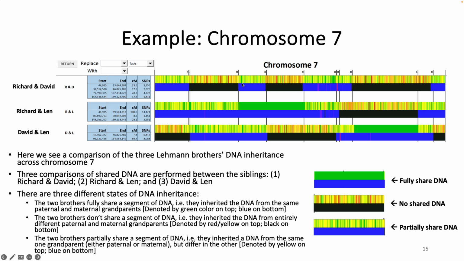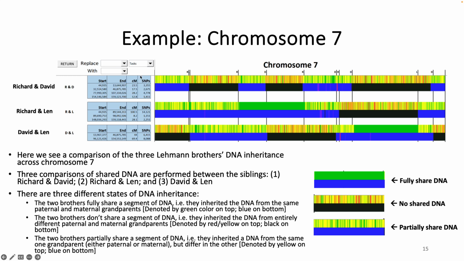On this top area here, we see between Richard and David, denoted by R and D. On the second row, we see Richard compared to Len, R and L. And over here, the third one, we see a comparison between the brothers David and Len, denoted by D and L. And over here, we see the exact start and end places along chromosome 7 where they share DNA.